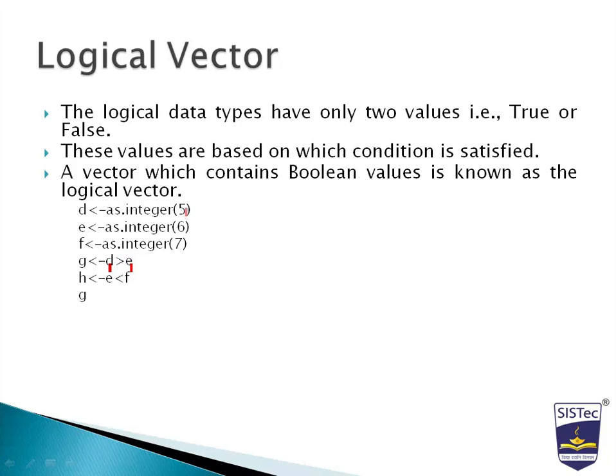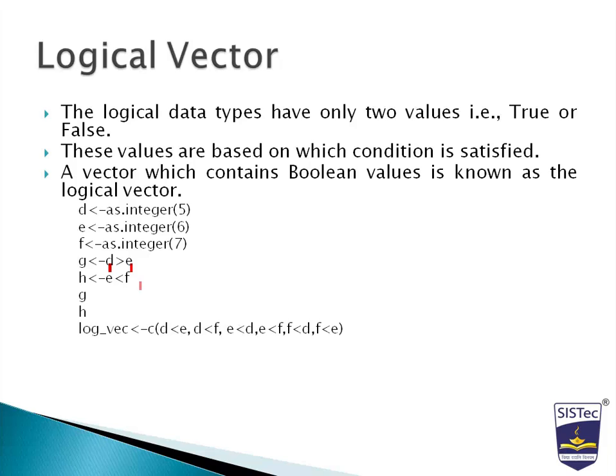D means 5 and e means 6. So whatever the result is, either true or false, is stored in G. Similarly, H, E is less than F. So whatever the answer is stored in H, and then we display the values, we'll see in the output window.